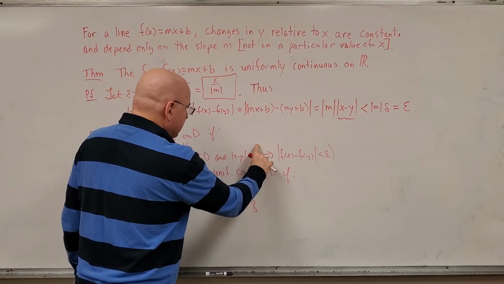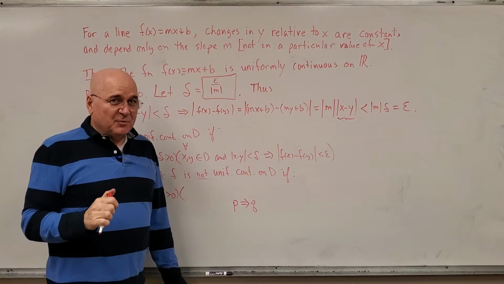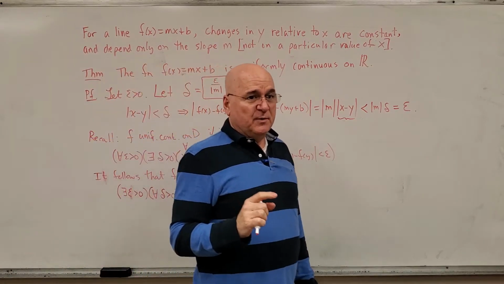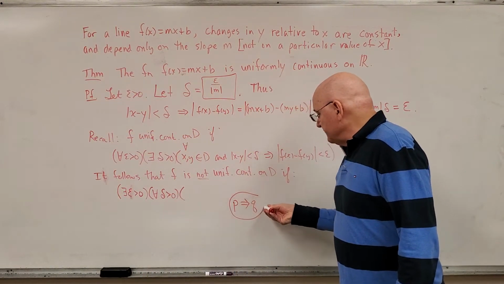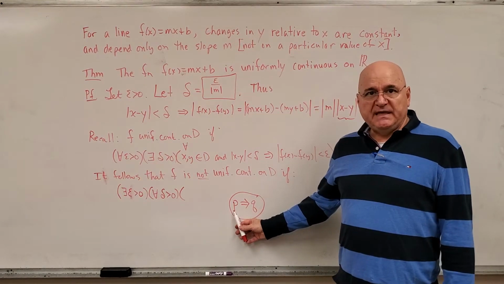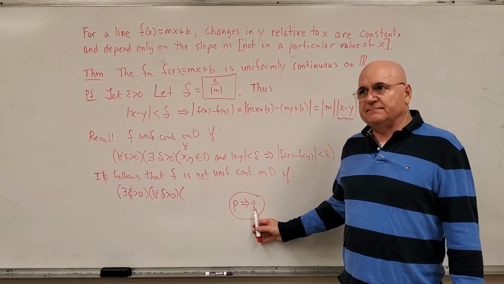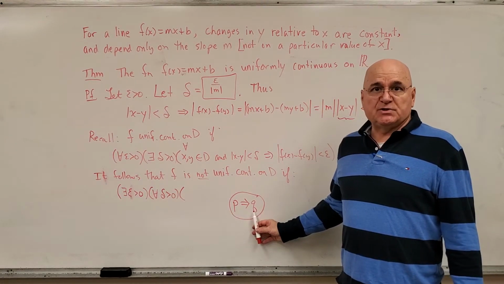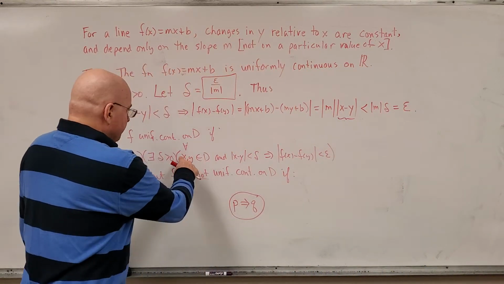This would be the P, this would be the Q. Hopefully you remember what the negation of that is, and what the truth table looked like. There's only one way to make this false. You make the premise P true, and you make the Q, the conclusion, false.